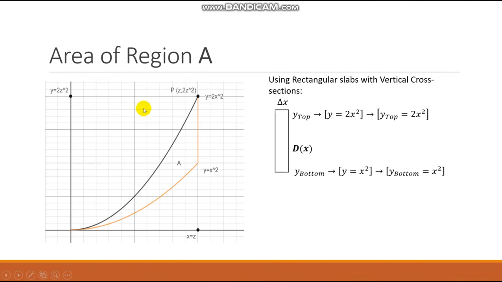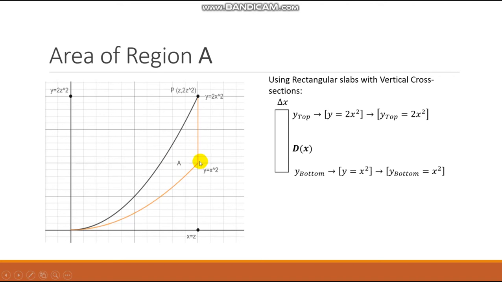To find the area of region A, here we have y is equal to 2x squared, and here we have y is equal to x squared. We do vertical cross sections because it'll be easier. If we do horizontal cross sections, we'd have to do two integrals, since they'll be using different lines at this point.